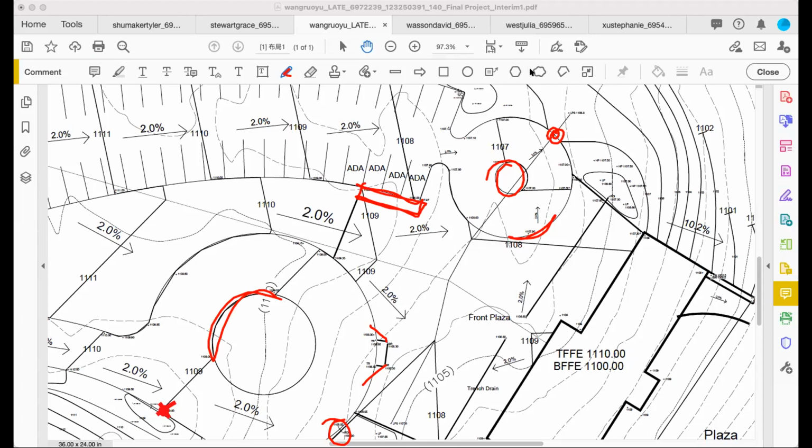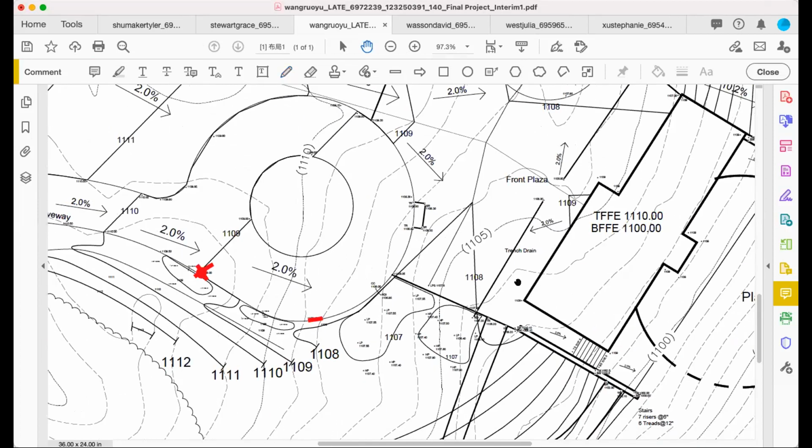I'm going to clear this portion, zoom back out. Yeah, you have a curb cut. You're missing one contour here, and that's the lowest point.